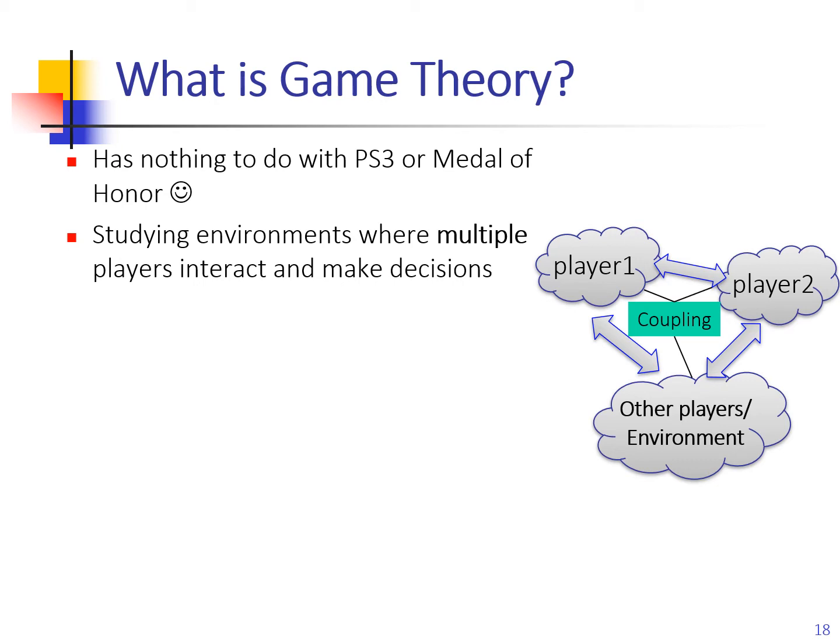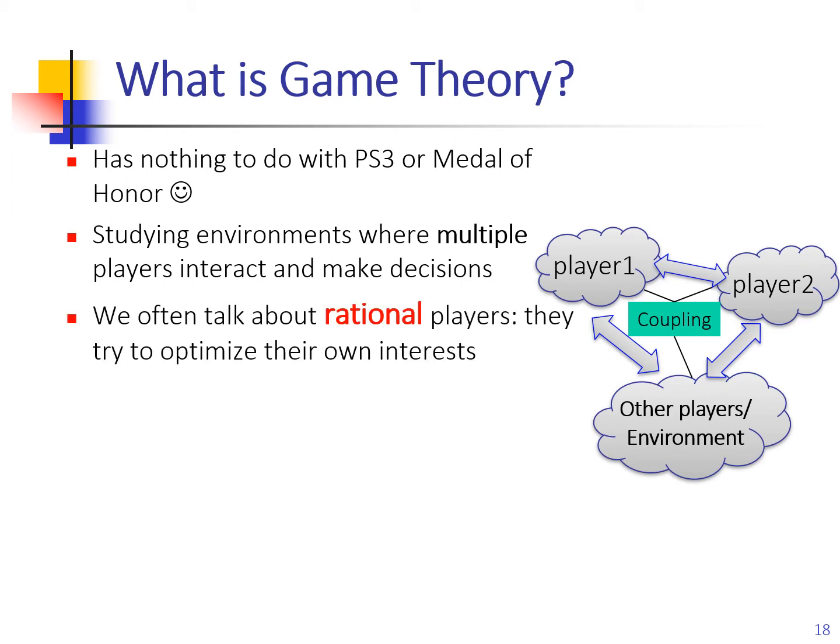They could be coupled either via their utility function, or using the state dynamics, or a mixture thereof, right? And then we talk about being rational. Players here, rational means they need to take a decision that is of benefit for their own utility. And here we can talk also about selfish behavior, where basically, again, the players want to optimize their own interest, disregarding the interest of other players.